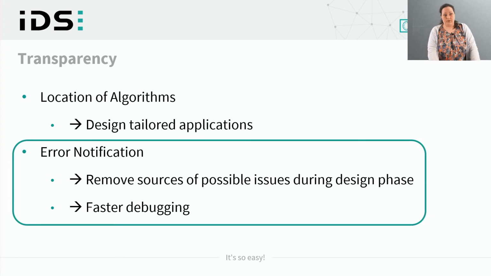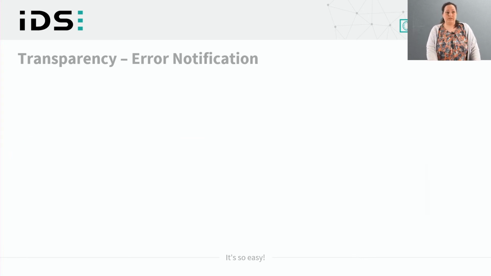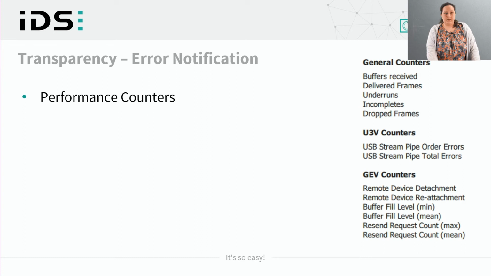Let's come to error notification. With our IDS Peak, we have introduced some custom nodes, some custom features, not of the camera, but of the connection. For example, delivered frames are counted, underruns, incompletes, dropped frames.